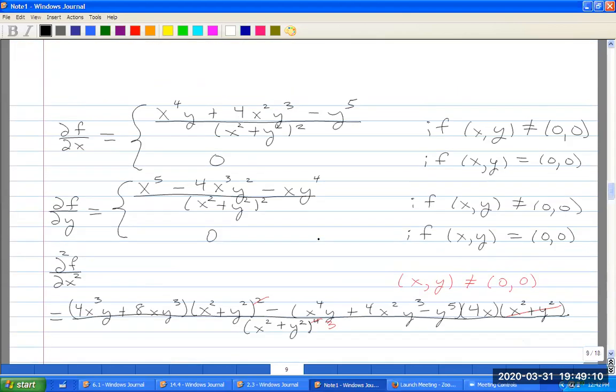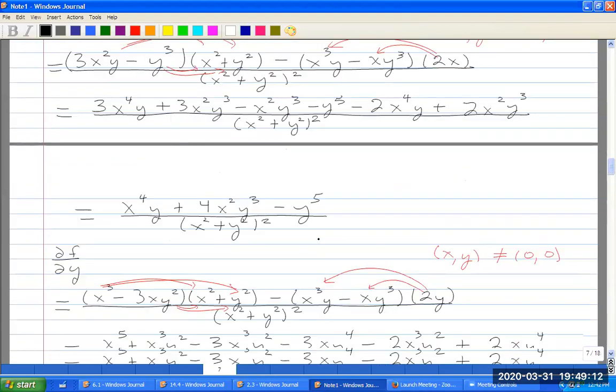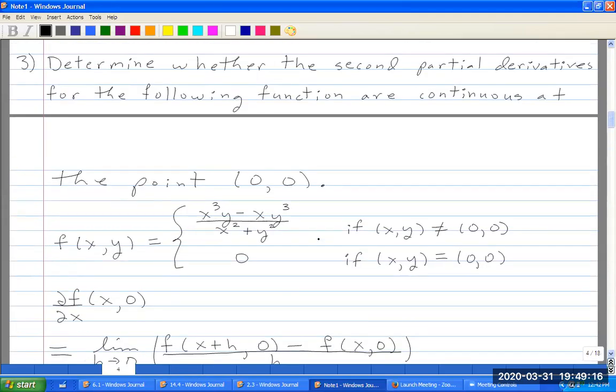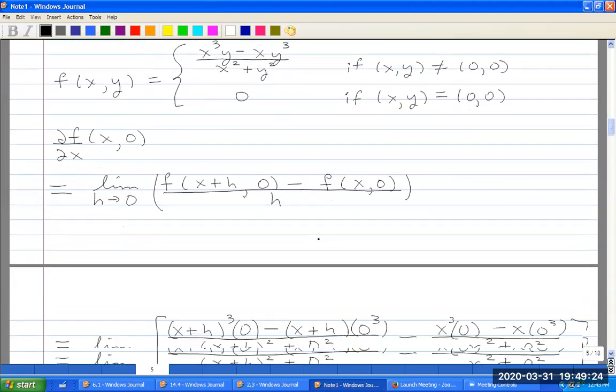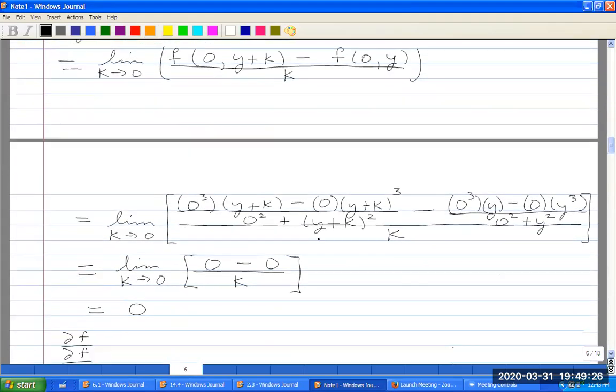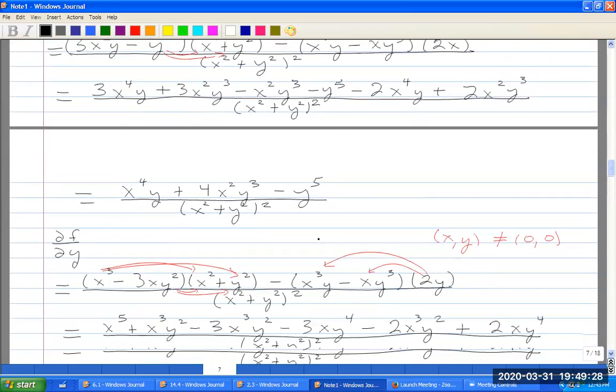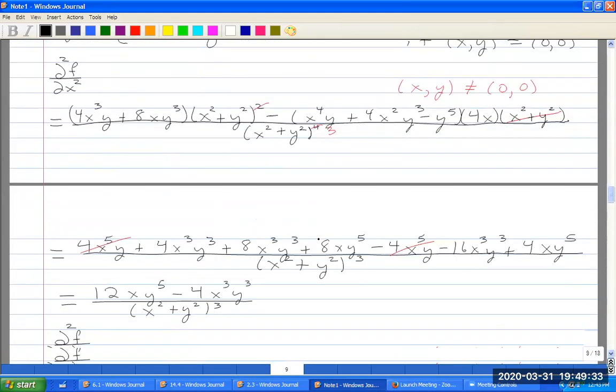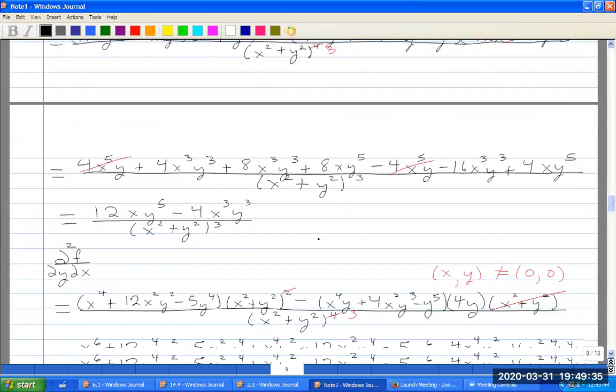Checking what else we do. Since this is so long, I have to check what the question is asking me now. The following are not continuous. So certainly the second partials are not continuous because they don't even exist at the origin. Okay, so I did those first two.